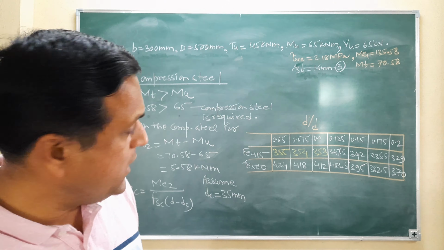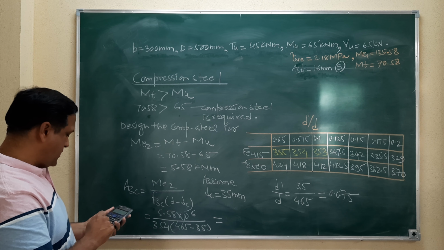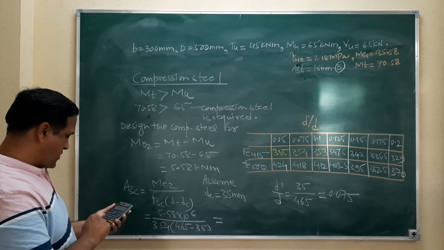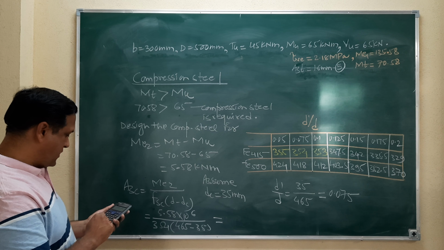Me2 is 5.58 into 10 raised to 6 divided by 354 into 465 minus 35. So you get the value of ASC.